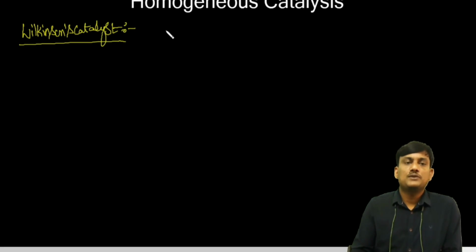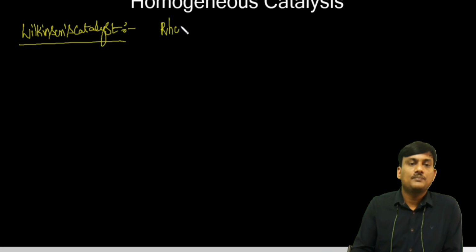The chemical formula of Wilkinson's catalyst is a rhodium complex, RhCl(PPh3)3, with triphenyl phosphine three times.